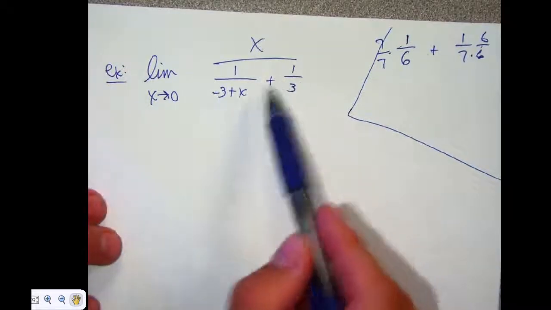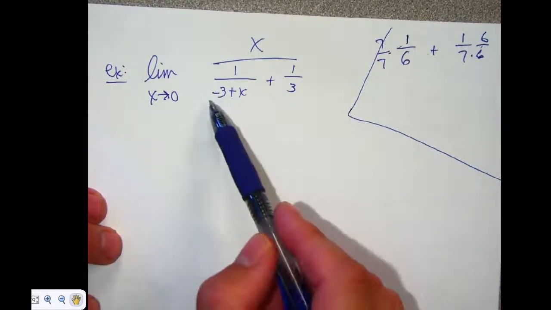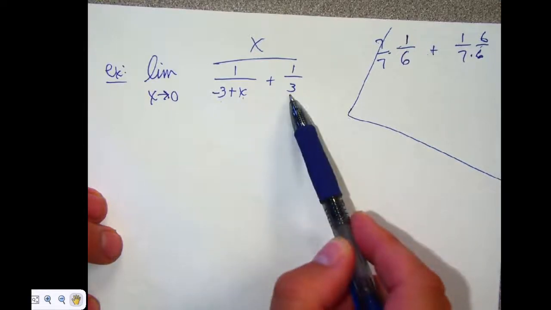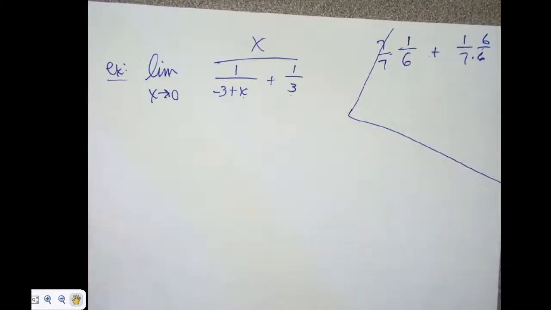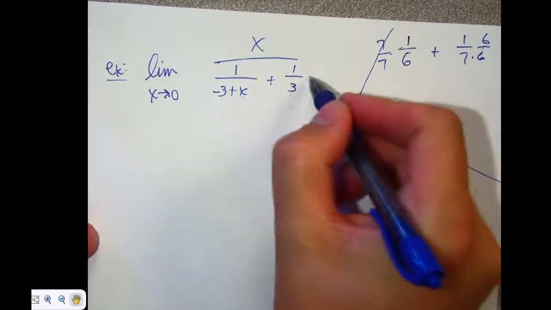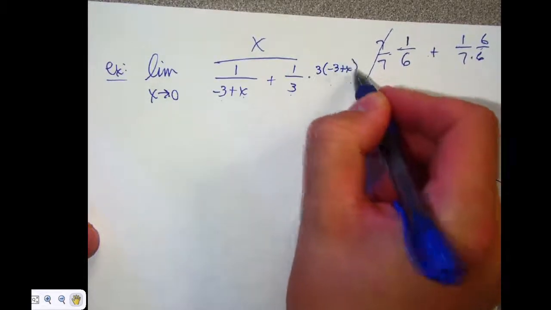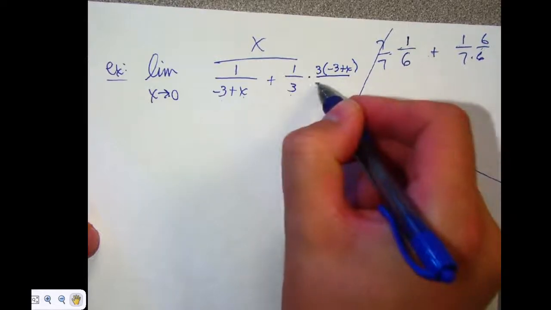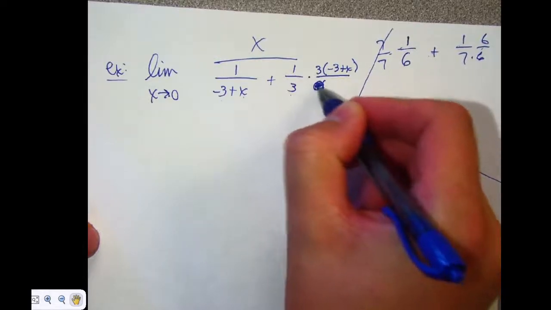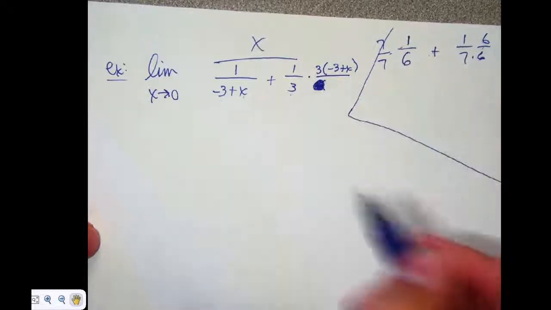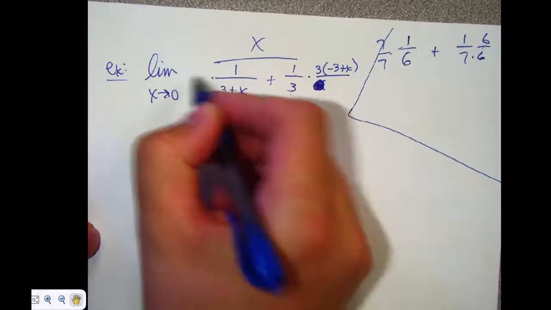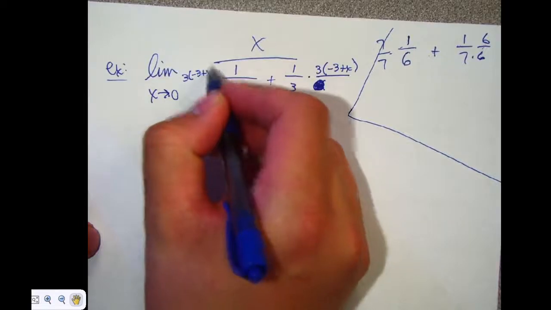So, going back over here, what's the common denominator between negative 3 plus x and 3? You multiply them together, right? I wouldn't distribute them. So I'm going to multiply this term over here by 3 times negative 3 plus x.